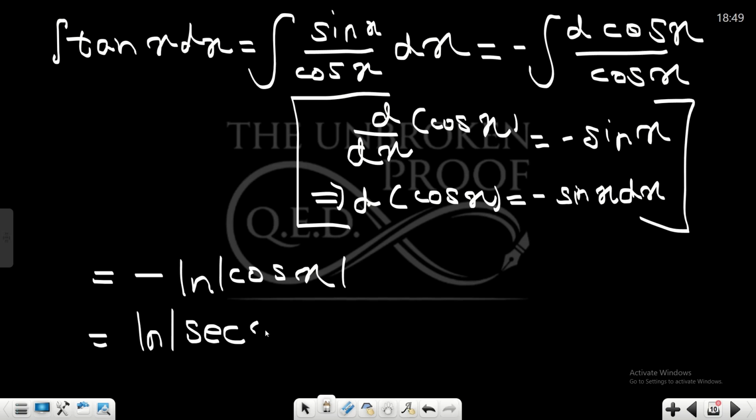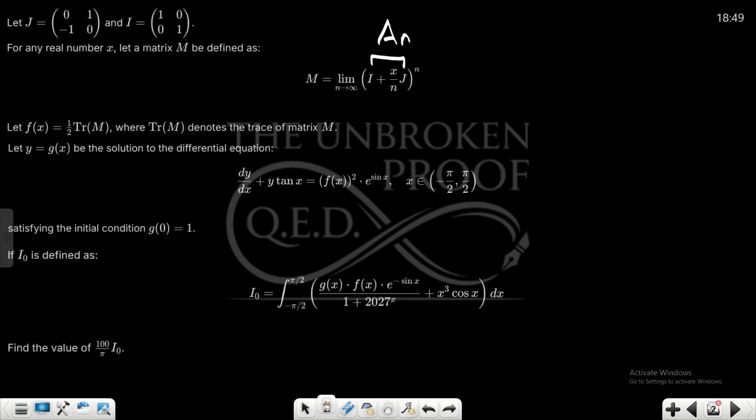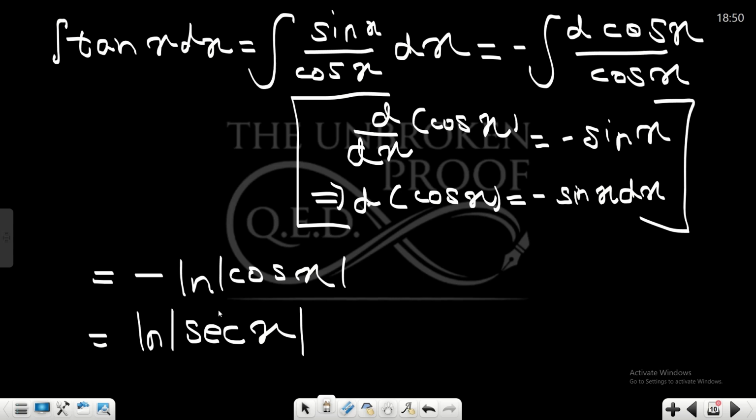And if you have noticed the question, they are saying that x should belong from minus pi by 2 to pi by 2. So in this question, mod is not required, but generally you have to mention the mod. Okay, so this is the integral of tan x dx.